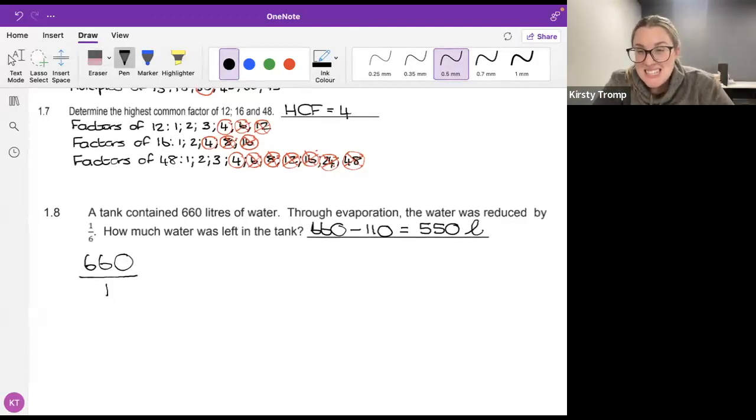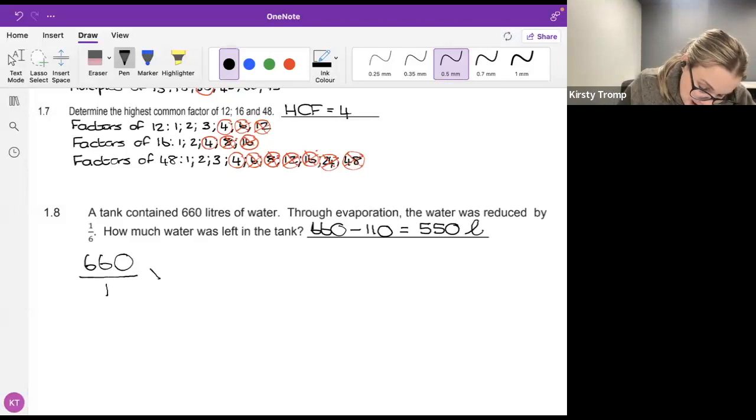What's 660 divided by 1? It'll be 660. Yes, Miss. And so if I go and I times that by 1 over 6, does that still look like the same as what I had before? Yes, it does, Miss.